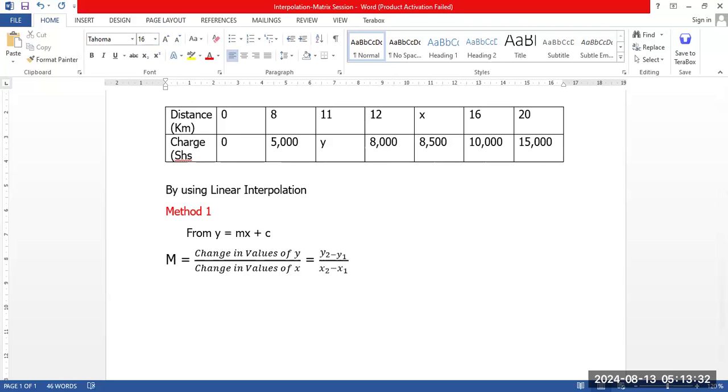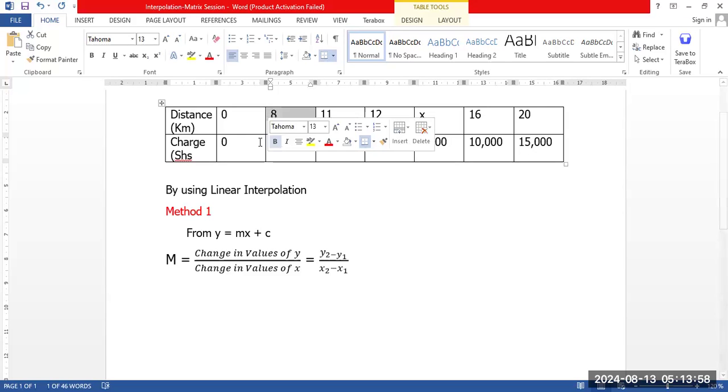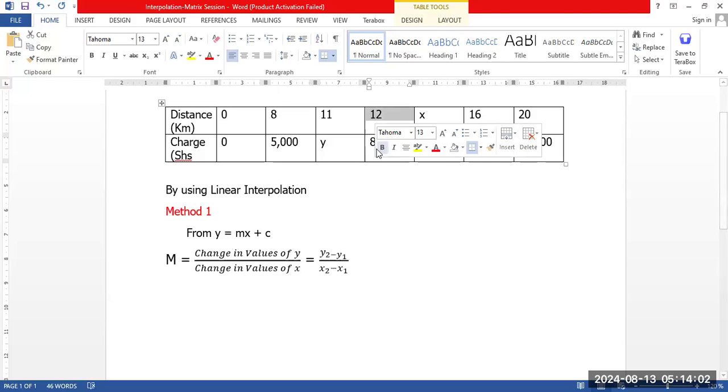So you need to know that remember you need the y. For y we use interpolation, and we assume that this 11 and y lies on the same line as this 8 with 5,000, and also this 12 with 8,000.